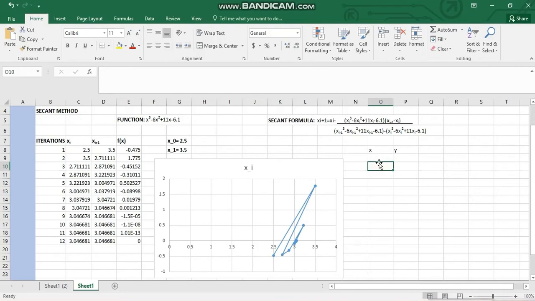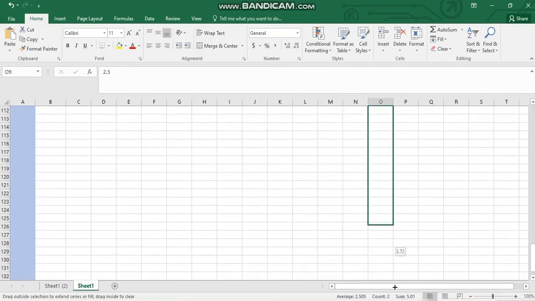And in getting the y and x values of the trend, getting the lowest value and the highest value by interval of 0.01. So 2.5, 2.51 until 3.5.